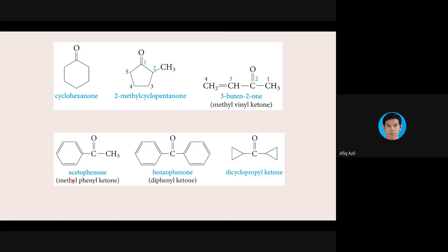Another name can be methyl phenyl ketone: methyl is this, phenyl is this one, ketone. If there are 2 benzene rings attached, it may be known as diphenyl ketone, or benzophenone. And if you have cyclopropane groups attached to the carbonyl carbon, the name will be dicyclopropyl ketone.